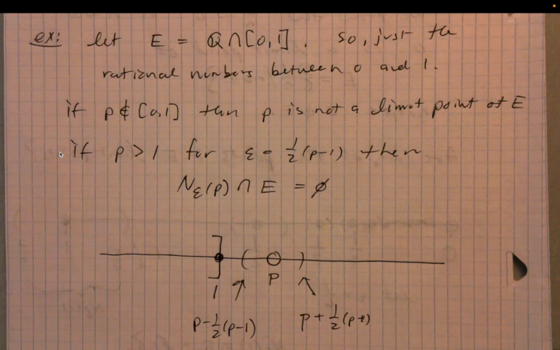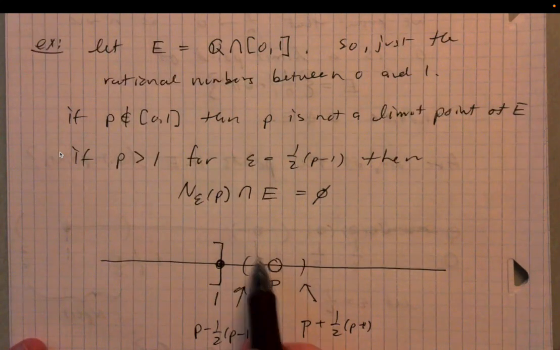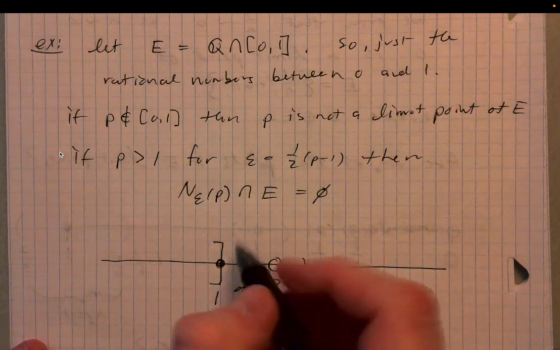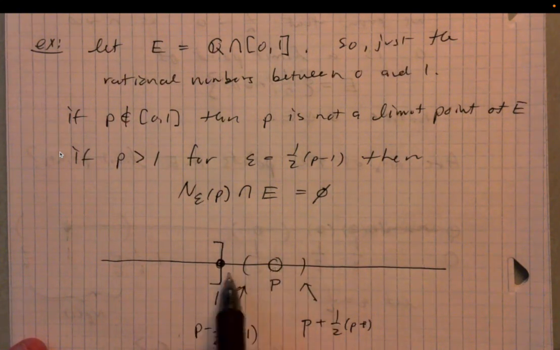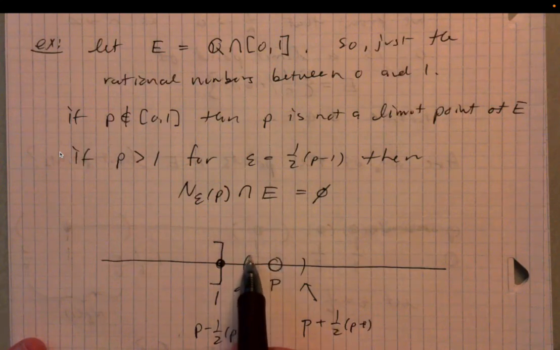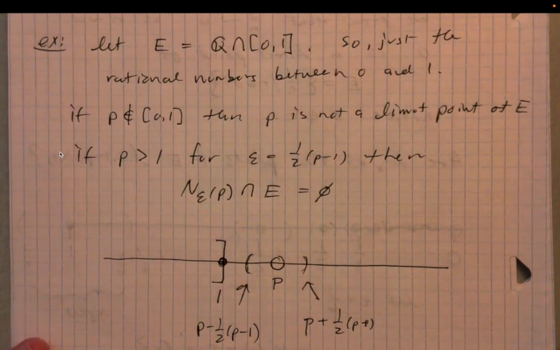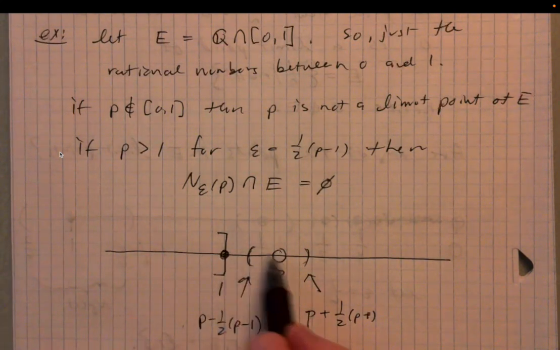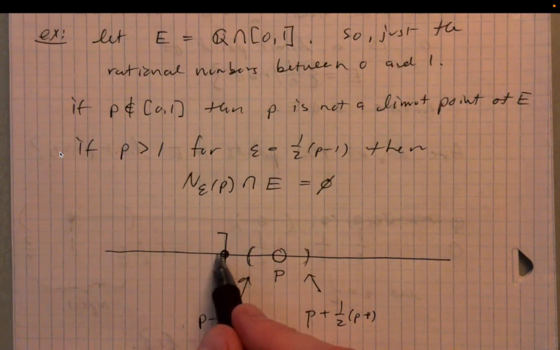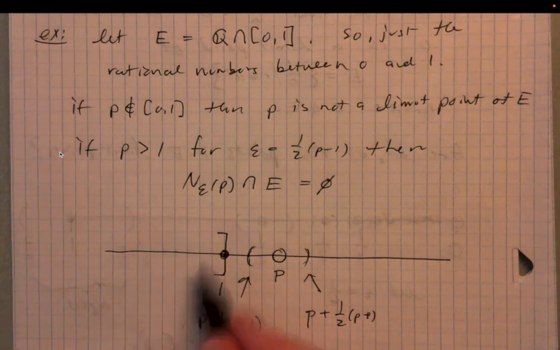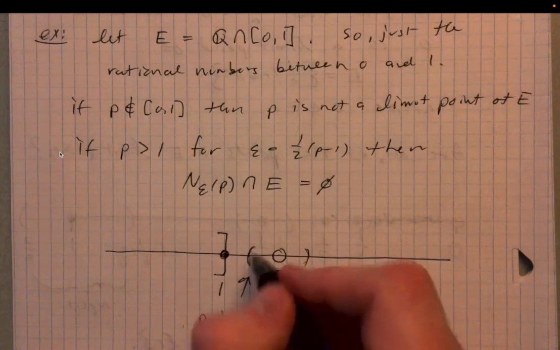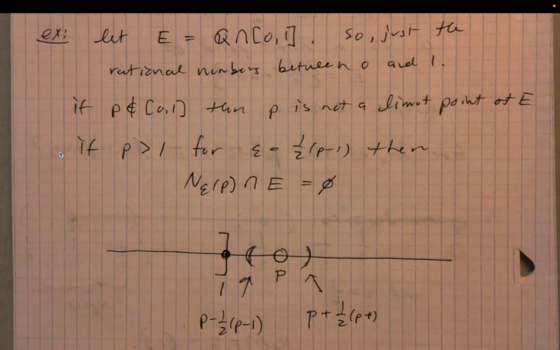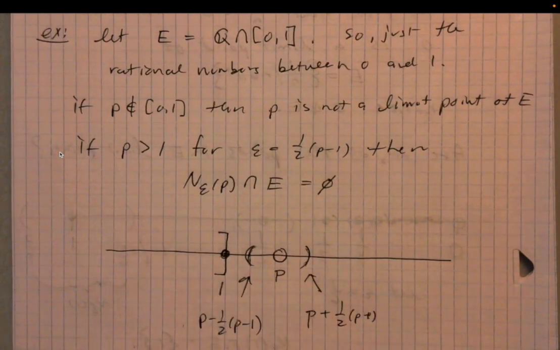Okay, and it turns out that these bounds are basically established so that no matter how close P is to 1, this is going to be right in between, and it's not going to intersect E at all, right? So there can't be any rational number. As soon as you cross that line of 1, then you've got dense rational numbers everywhere. But outside of that, I can easily construct a neighborhood that doesn't cross this border.